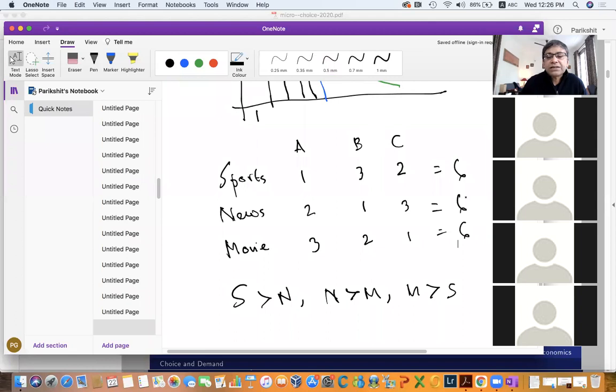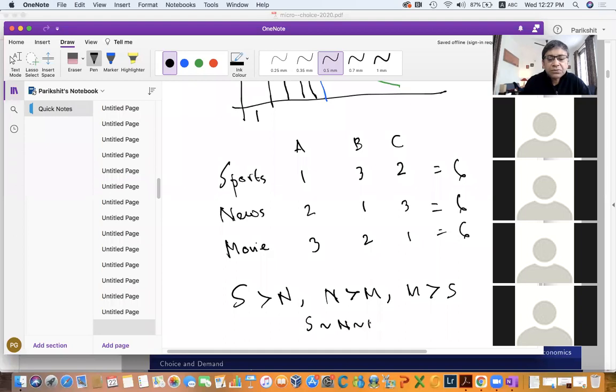So the Borda rule basically says get all the ranks coming from different individuals for an alternative, add up those ranks, and whichever alternative gets the lowest aggregate rank is placed on top. The one which gets the second lowest sum of ranks gets the second spot, and so on. Now, if you apply that here, you end up with indifference between sports, news, and movie.